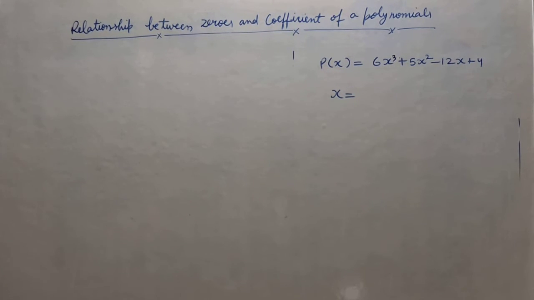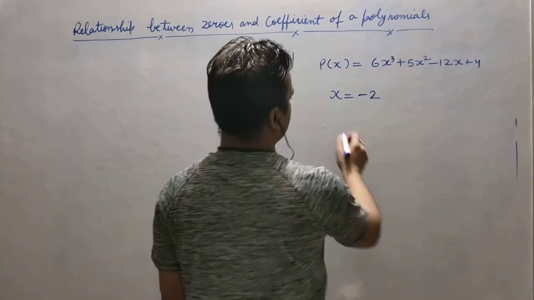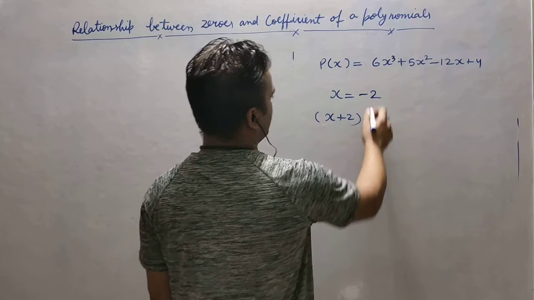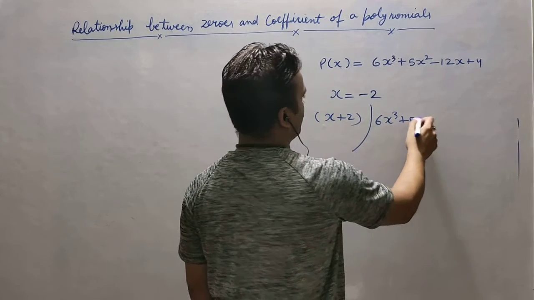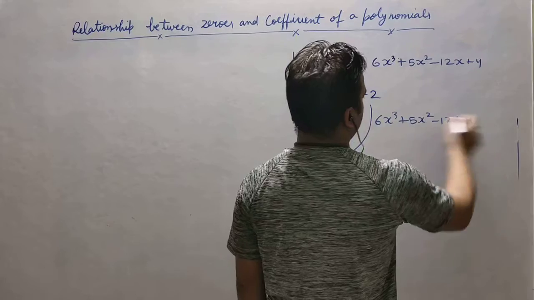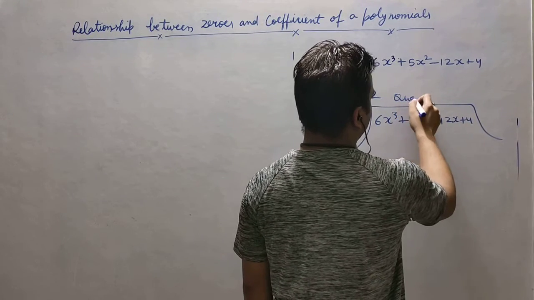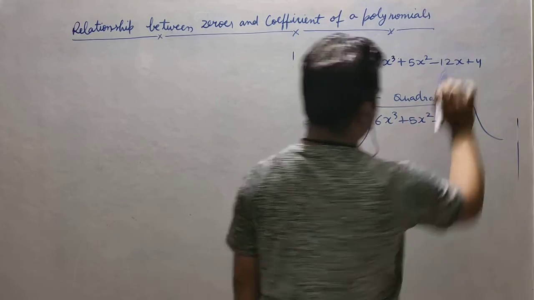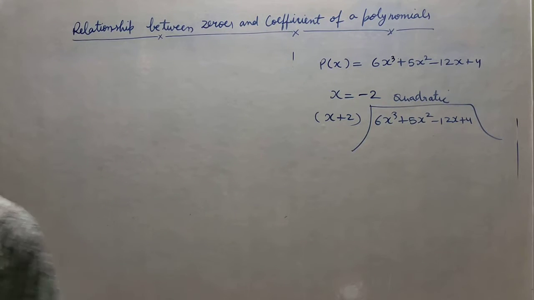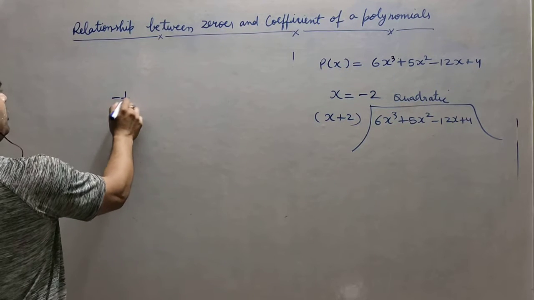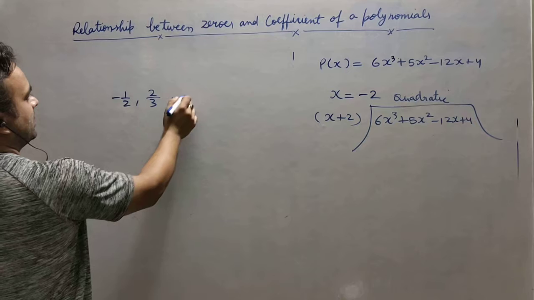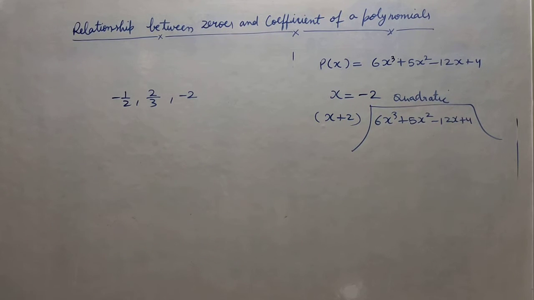For example, I am taking one value of x here, x is equal to minus 2. So x plus 2 is one factor. We will divide the whole polynomial by x plus 2. We will get the result in quadratic form, and we will again do middle term splitting, and after that we will get the other two roots, 1 upon 2 and 2 upon 3, and minus 2. So there are three roots of this polynomial.